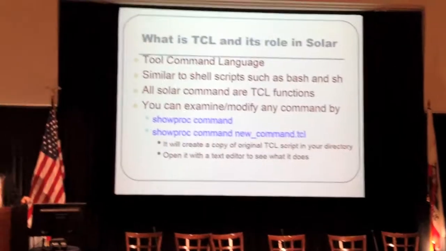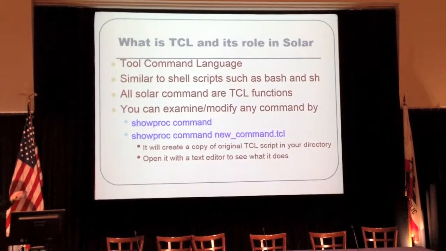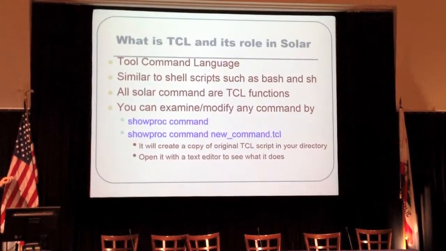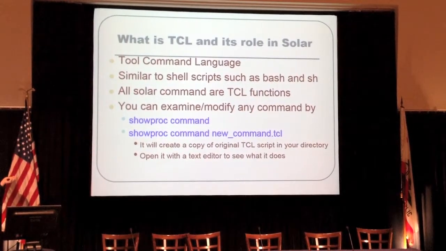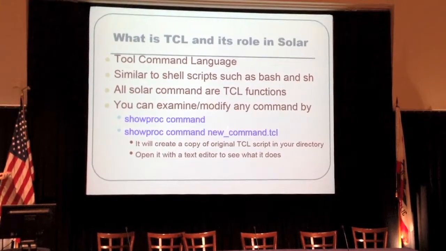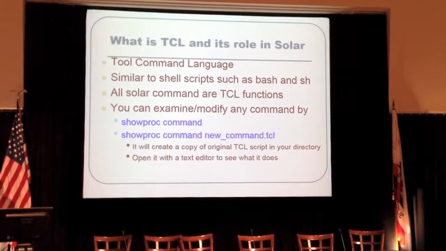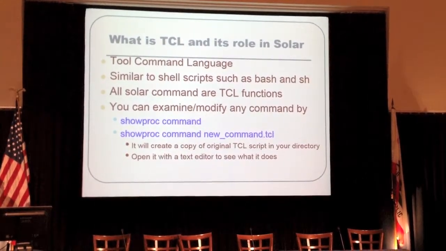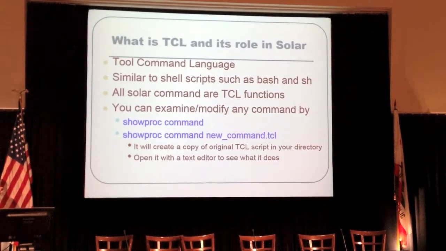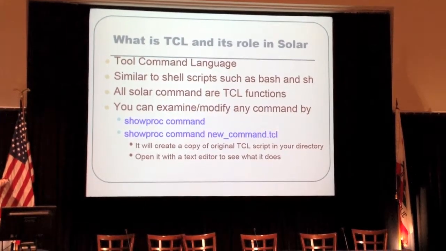So if you have a desire to modify a particular function, what you can do is type showproc and then the command. This command can be just polygenic or any other command. Then you type showproc, the name of the command, and then newcommand.tcl. What it will do is take that particular function out of the SOLAR TCL code and save it into a new file called newcommand.tcl.